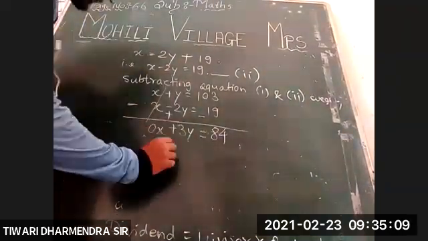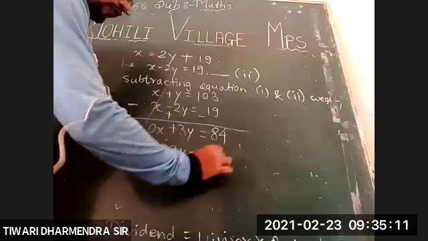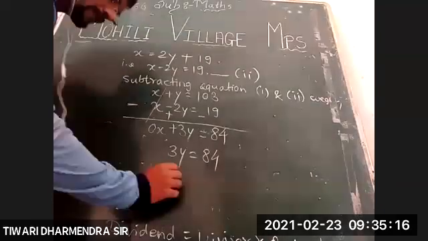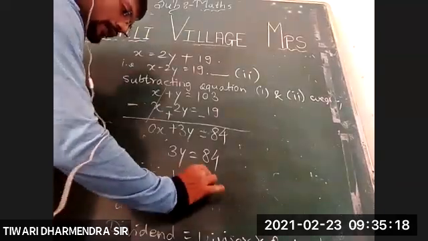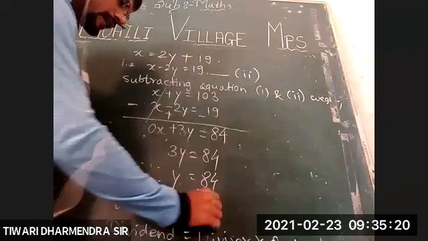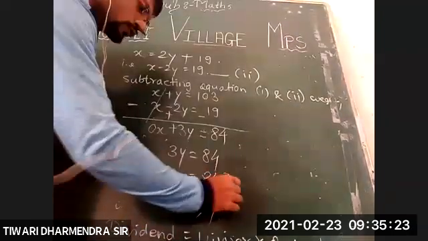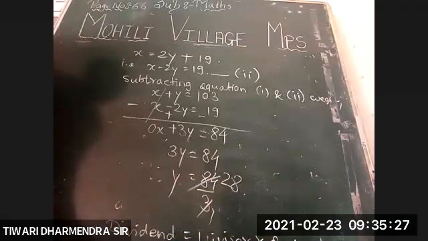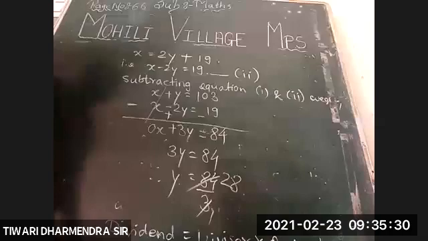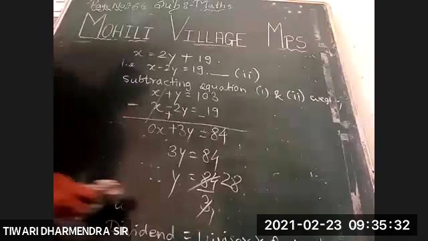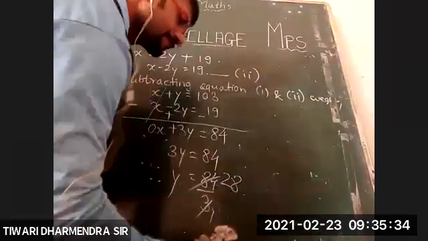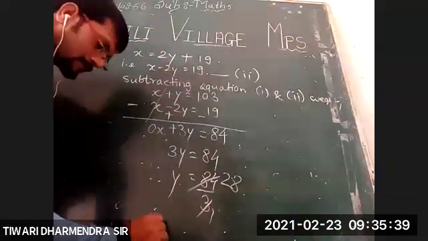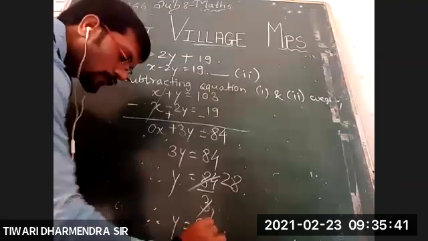So 0x plus 3y is 3y, equal to 84. Taking 3 to the right hand side, it will take the form of a division. y is equal to 84 upon 3. So we got y as 28. Therefore, y is equal to 28.